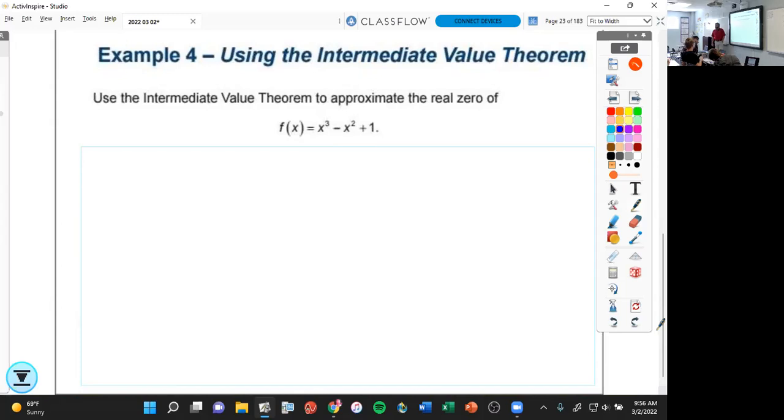No, because it's got to cross 0, so it's got to touch. So how would you go about approximating a 0 on this guy? You would take f of some number and plug it in and see what you get, if we don't have the ability to graph.